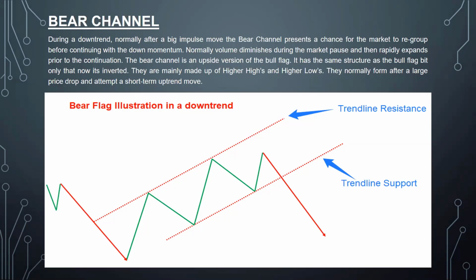So the market has to breathe. It can't just keep crashing, tumbling down in a bear flag. So that moment when the market is breathing, that's when we look for opportunities.